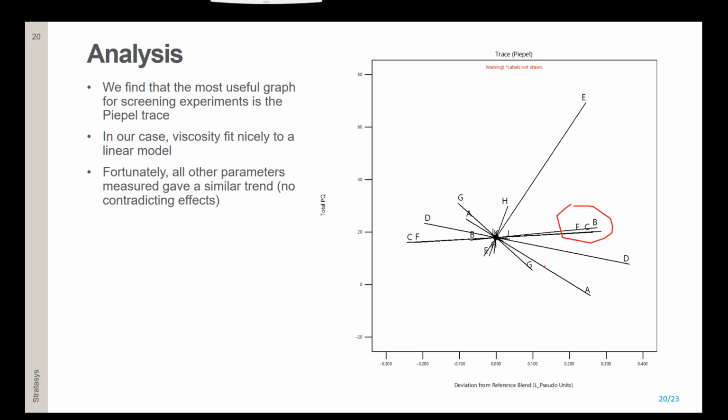And we got very useful information regarding the materials that actually had an effect. And there were no contradicting effects. That means for almost all of the required qualities, the same materials were used to better the formulation. And so we didn't have any contradicting effects, which was fortunate. It doesn't always happen.